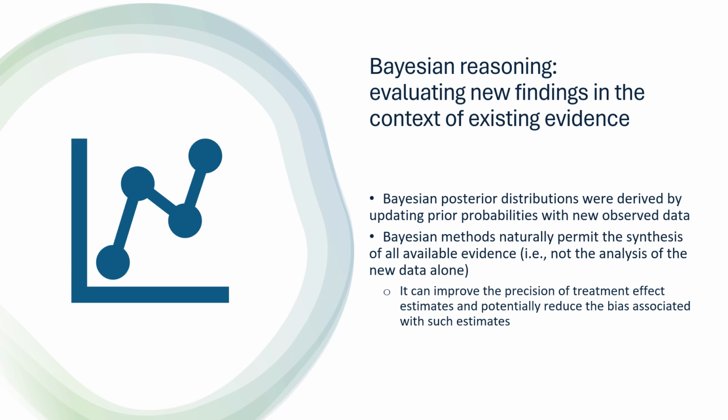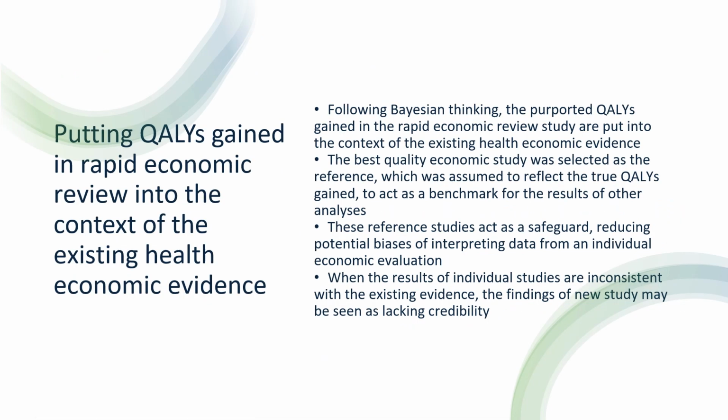associated with such estimates. Following Bayesian thinking, the purported QALY gained in the rapid economic review study are put into the context of the existing health economic evidence. We selected the best quality economic study as the reference, which was assumed to reflect the true QALY gained, to act as a benchmark for the results of other analyses.